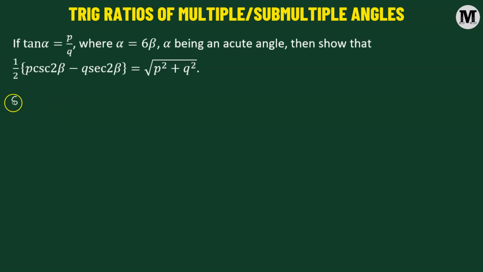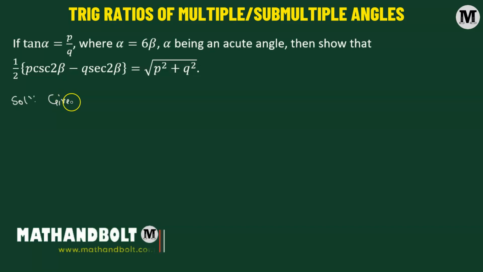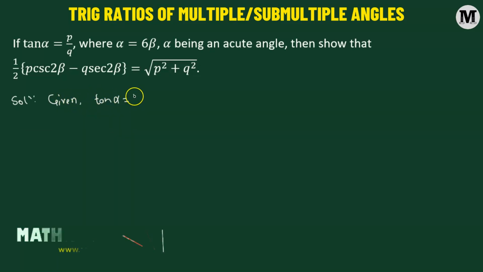Let us begin. So here we will start with the given value of the tangent function. We have tangent of alpha equals P over Q. If we know the value of tangent alpha, from here we can also find out the value of sine alpha as well as cosine alpha. So let's do that. For this, we'll construct a right angle triangle and consider this acute angle to be alpha.